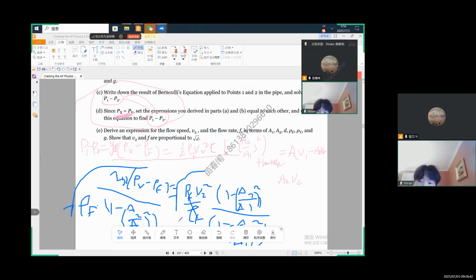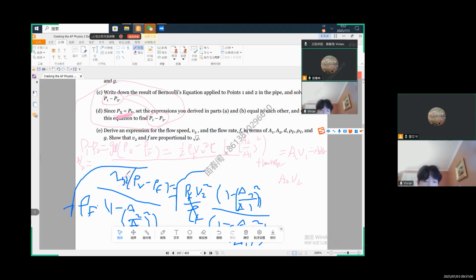Let's prove V2 is proportional to square root D first. Because your big expression is this is V2, and square root D is here.